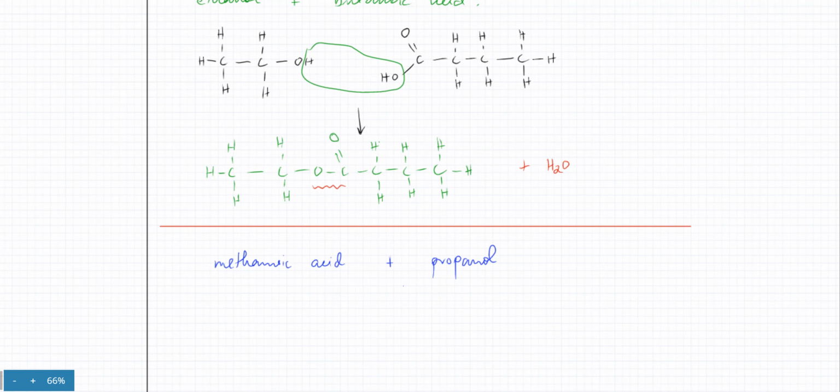Can you see the hydrogen? Yeah, I can see it.